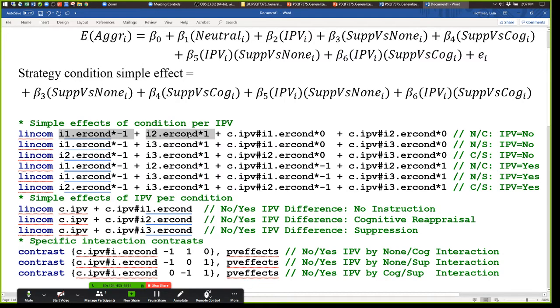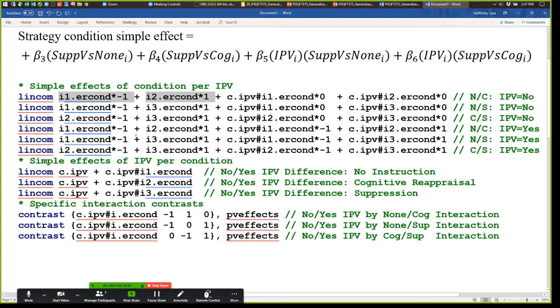So this is group 2 minus group 1. Now, what kind of person do I want that difference for? IPV 0. So the values that get plugged in here are the values of the moderator, IPV. If I want it for IPV 0, they zero out.